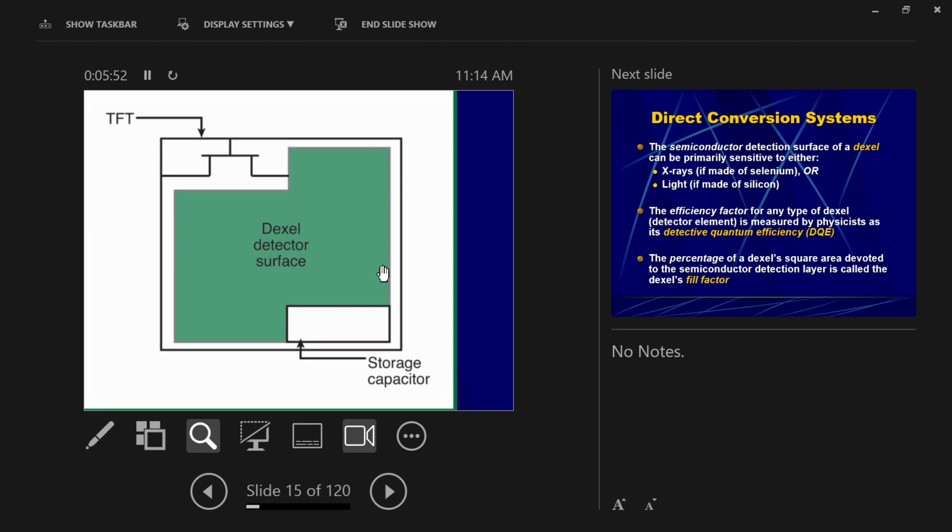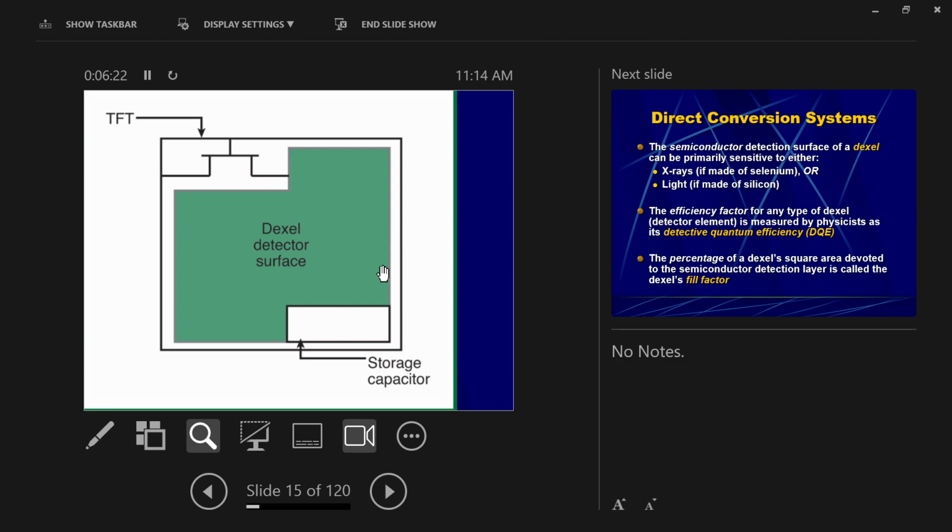If the detector surface is sensitive to X-rays, then when X-rays strike it, it converts the X-ray energy into electricity. That's called direct conversion, DR. We have DR with detector cells, and the X-rays are directly converted into electricity. There's no in between. Semiconductor gets hit, electric current gets generated.